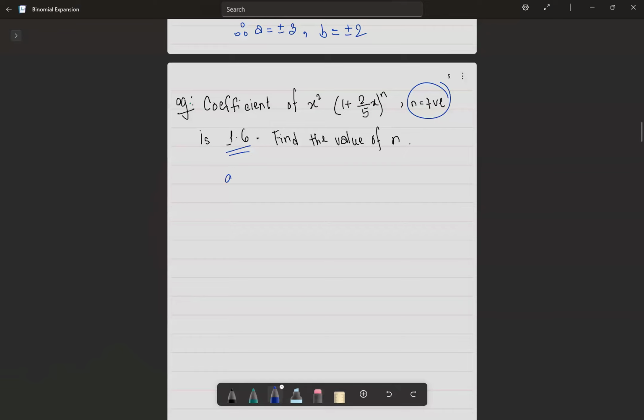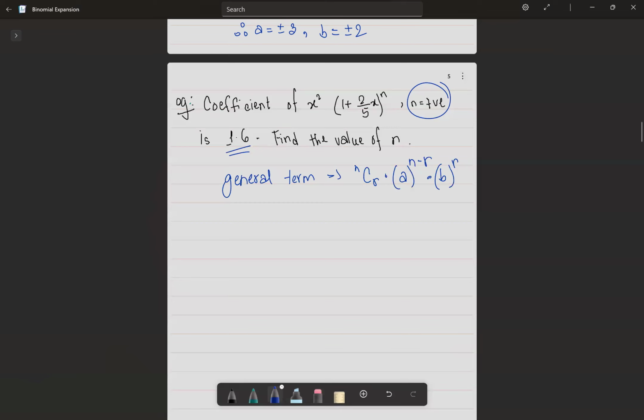What is the general term? We know that the general term is nCr, and then we have a to the power n minus r, and we have b to the power r, right? So let us try to figure out how to do this one.